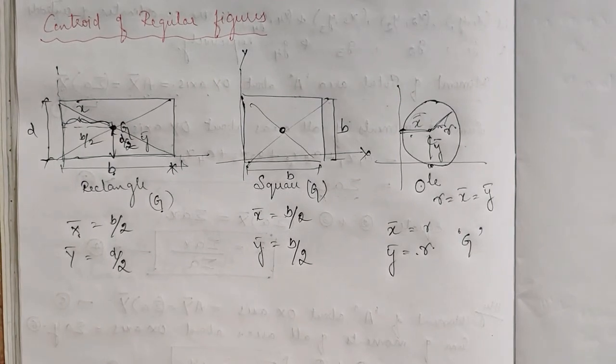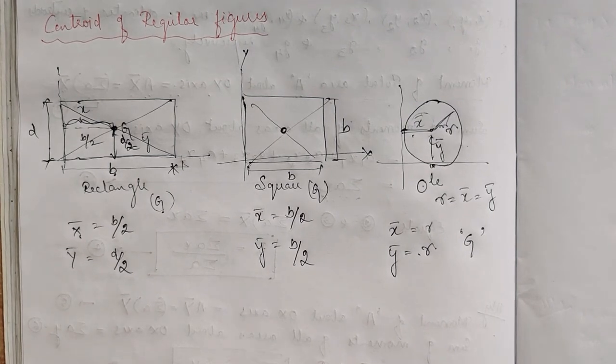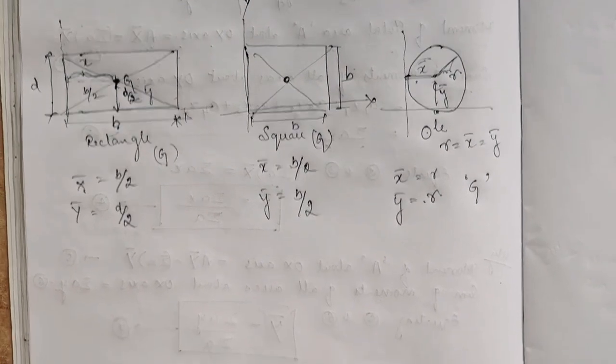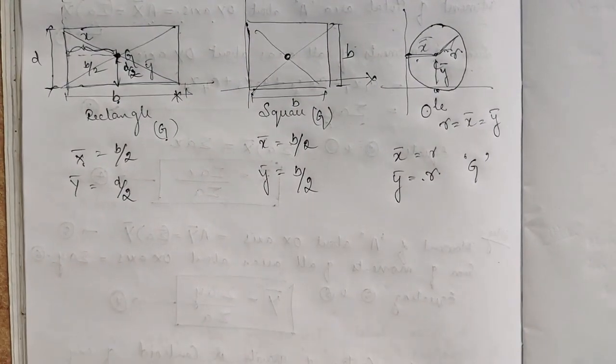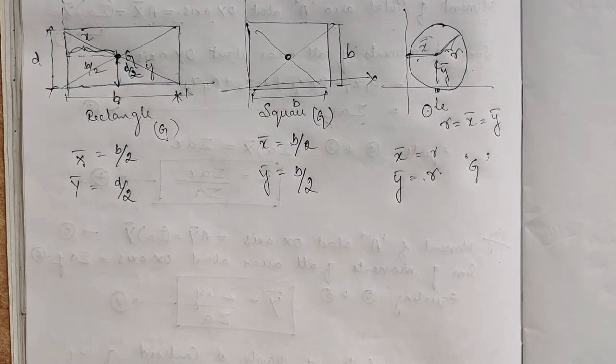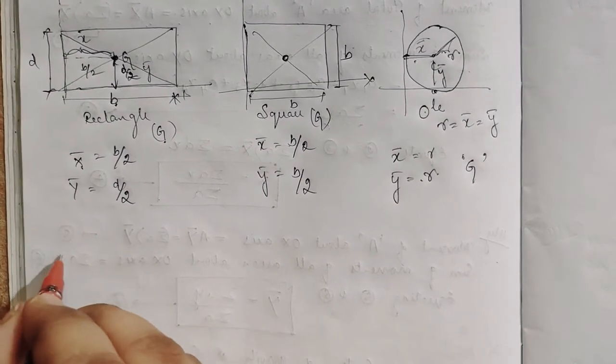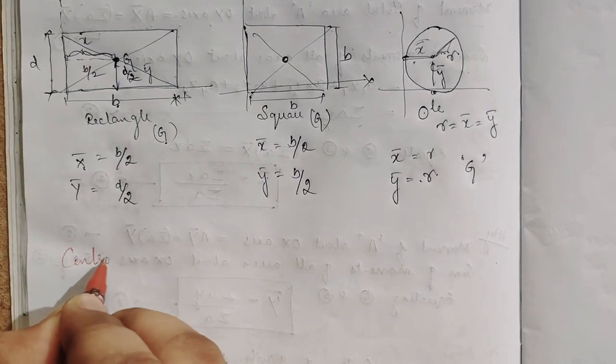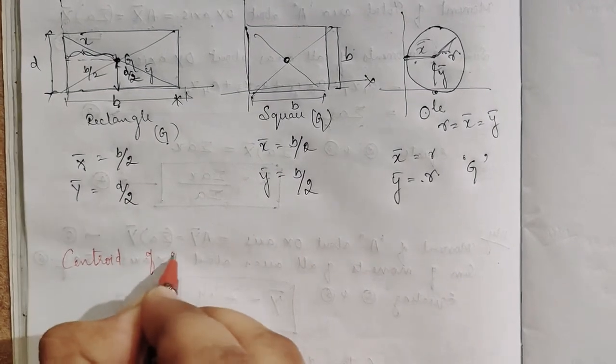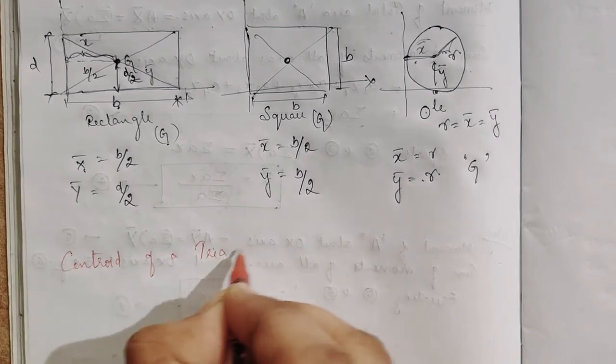Next we will see an important topic for your exam purpose also, and you can expect this question in alternate years. What is that question? We have to find the centroid of a triangle.